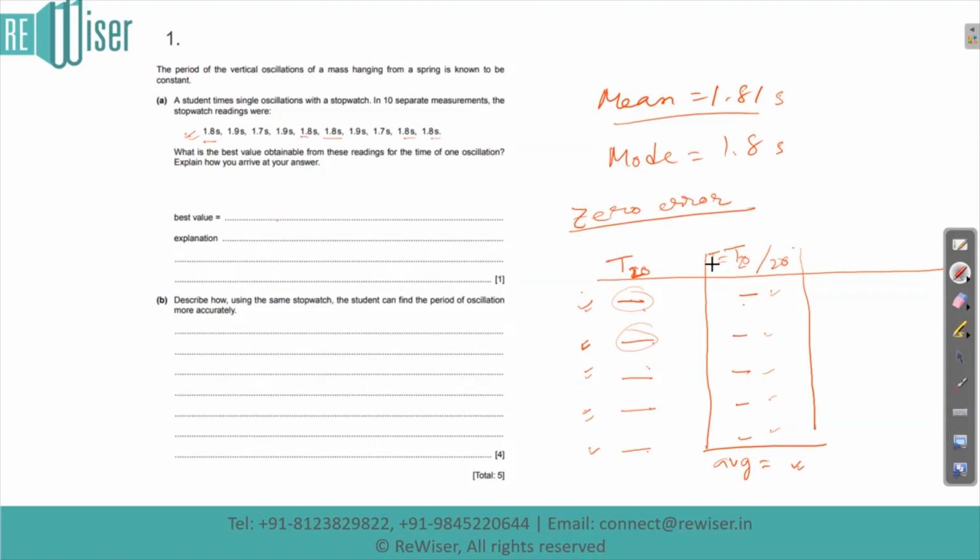Instead of you switching on the timer, you can make sure that a laser falls on the pendulum. When it starts oscillating, the timer starts automatically, and after completing 20 oscillations, immediately the stopwatch stops.